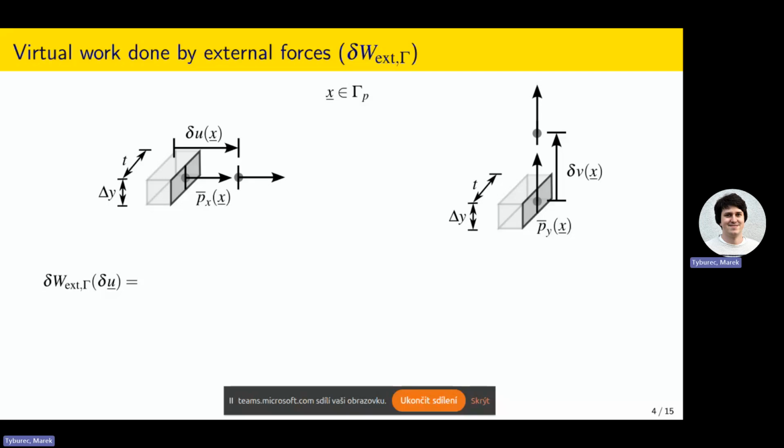Again, we can write it as delta u of x underline, delta v of x underline, multiplied with dx and dy, and now the domain is this gamma p.